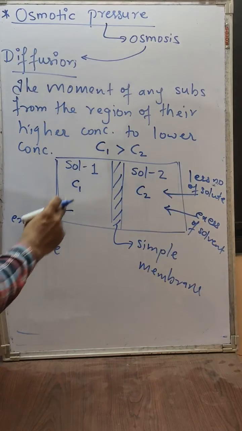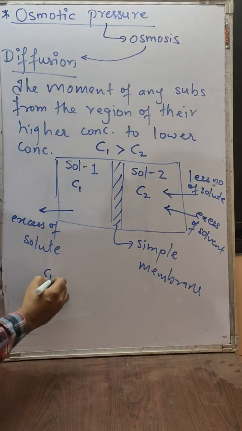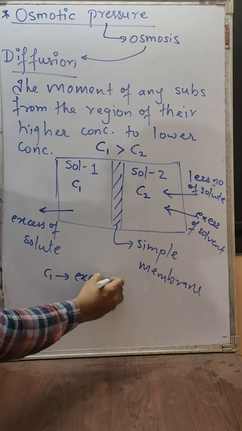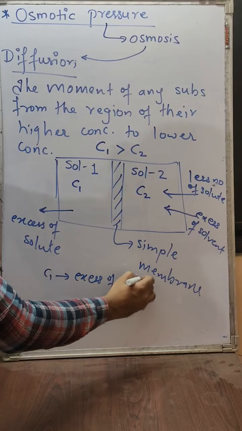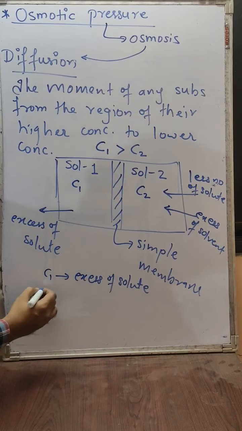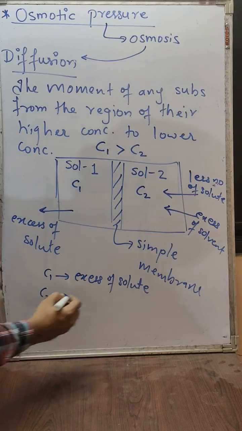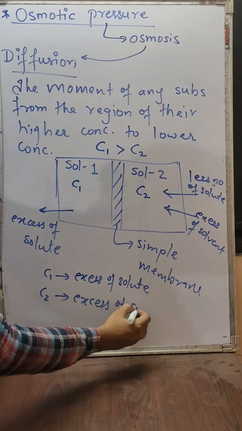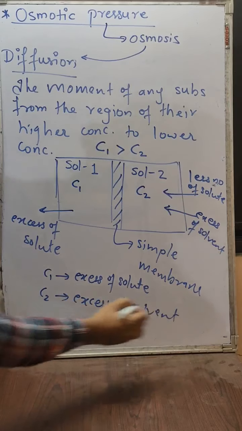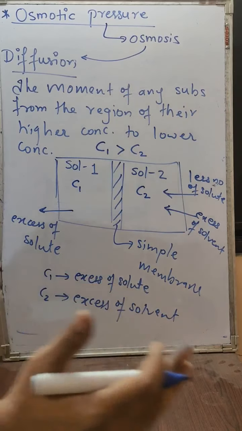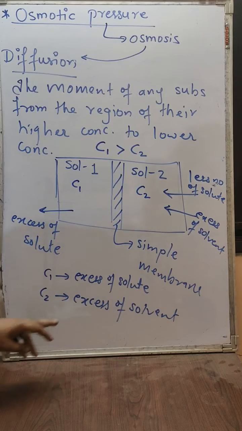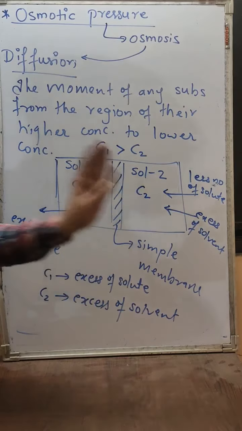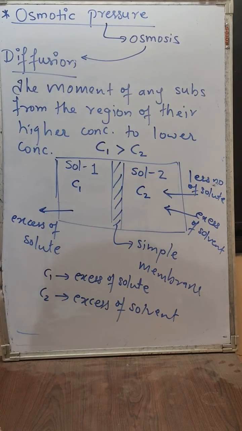Once again, solution C1 has an excess of solid, and solution C2 has an excess of solvent. Excess of solid means high concentration of solid; C2 having an excess of solvent means a higher concentration of solvent.